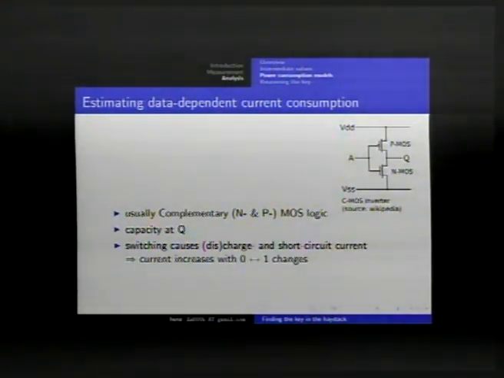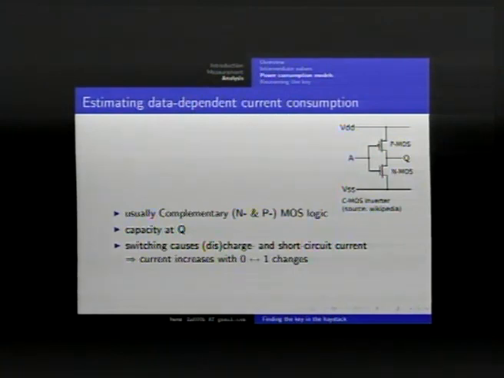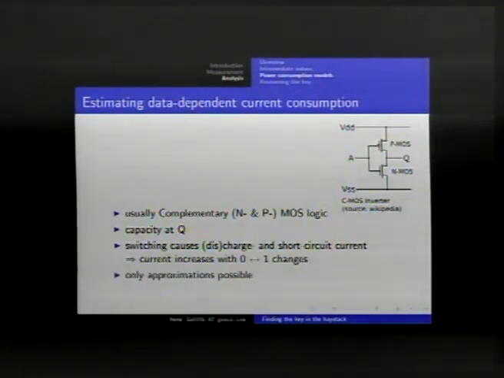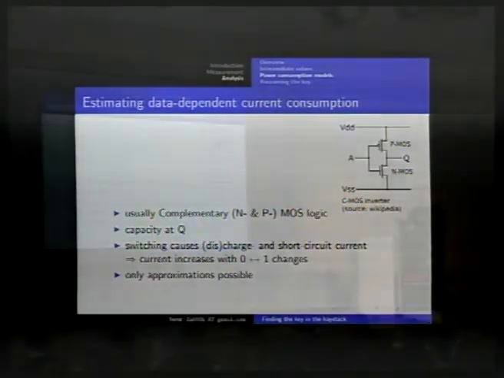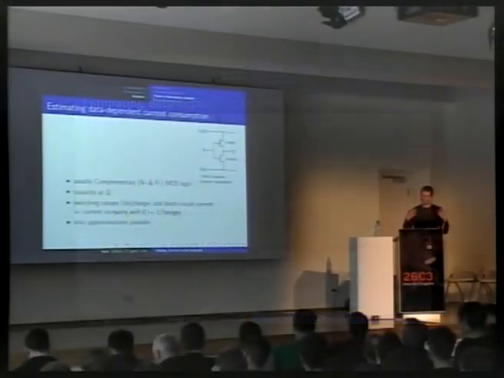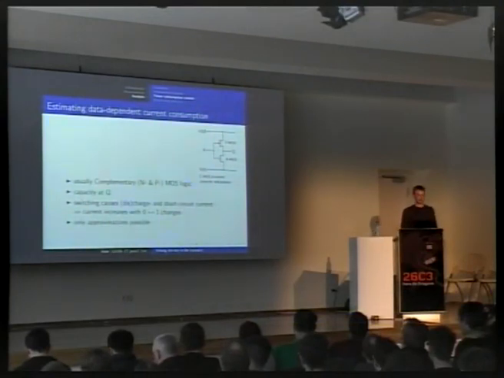The other thing is that the output gets charged or discharged, and if it gets charged, we will observe current consumption as well. So basically we can see changes between zeros and ones in the power consumption, but this is only an approximation, of course, because we don't know the length of the traces within the chip. We can't make an exact model of this.